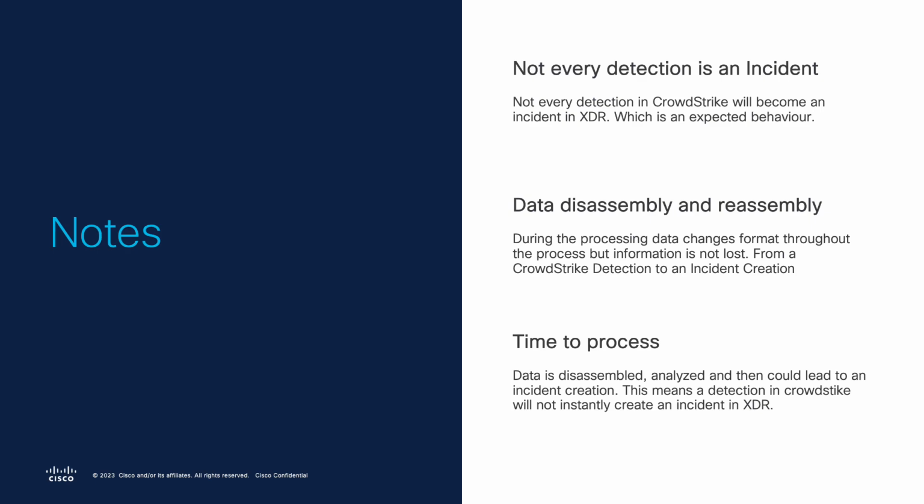The third thing to note is the time to process. The data is collected, disassembled, stored, analyzed, and then correlated through attack chains with other detections. That means there is some time lag between the CrowdStrike detection and an actual incident creation, if there is any to be created by Cisco XDR.